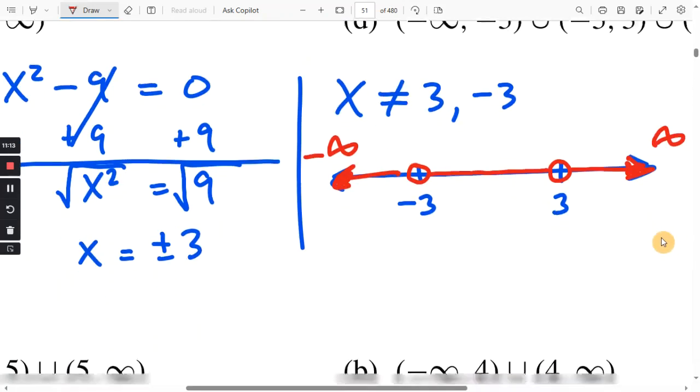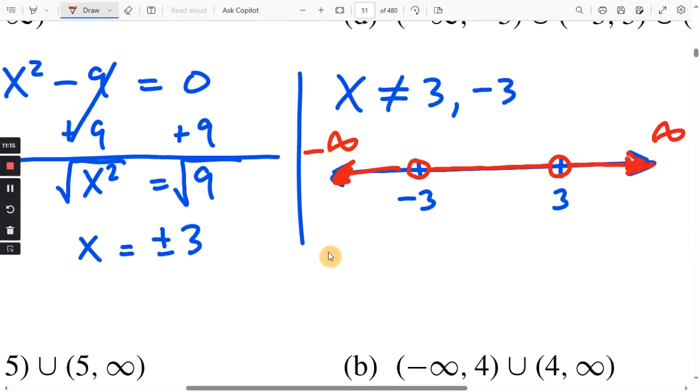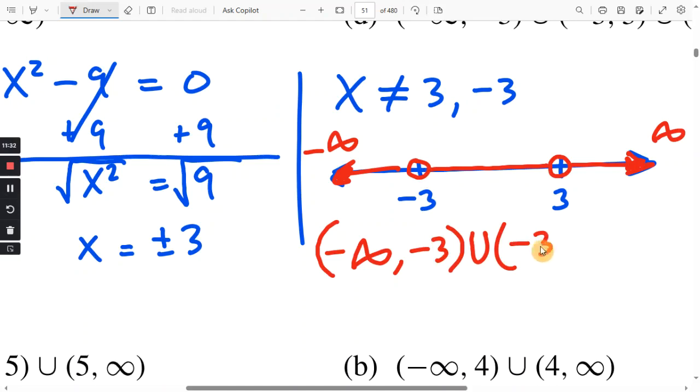For interval notation, it starts at negative infinity, and you use the rounded parenthesis, and it goes to negative 3. It does not include it, so use the rounded parenthesis, in union with everything from negative 3 to positive 3. Use the rounded because it doesn't include negative 3 or positive 3.